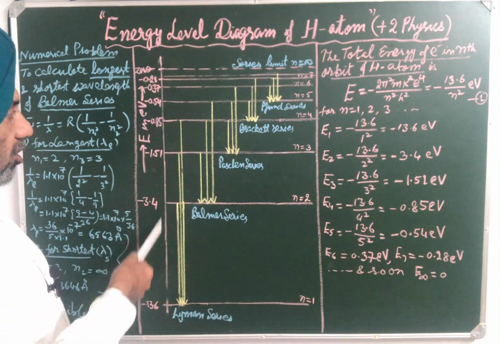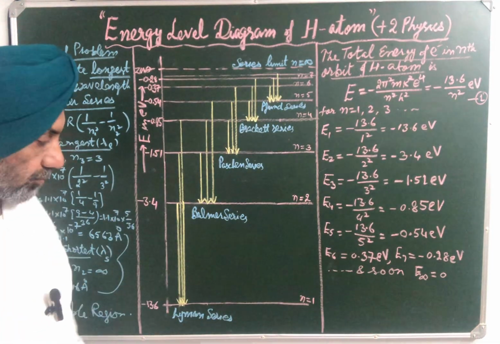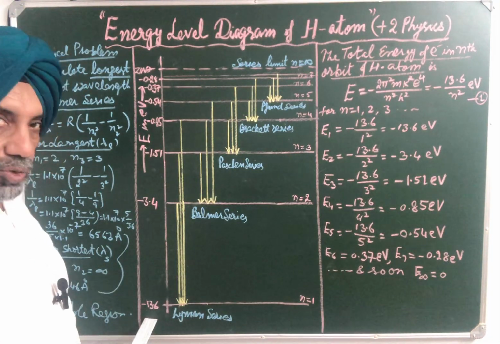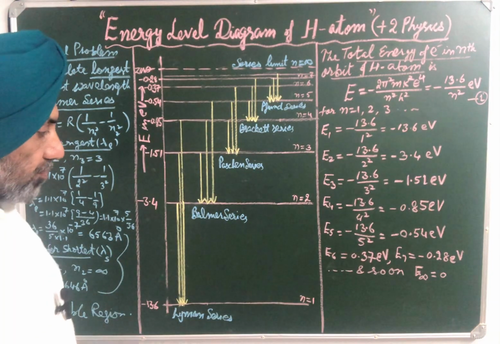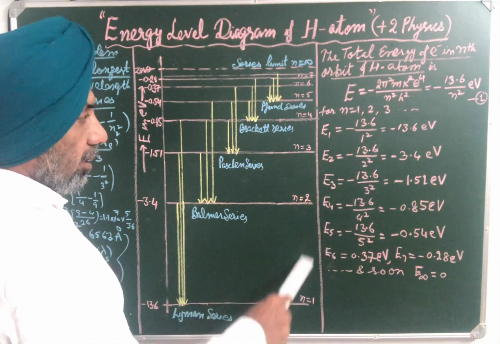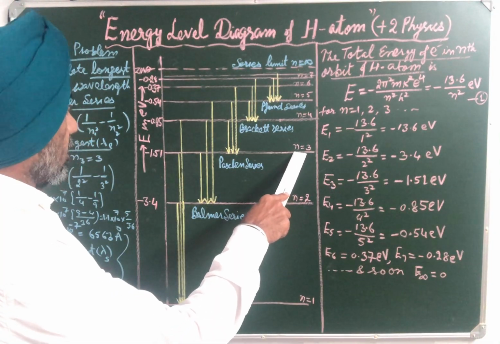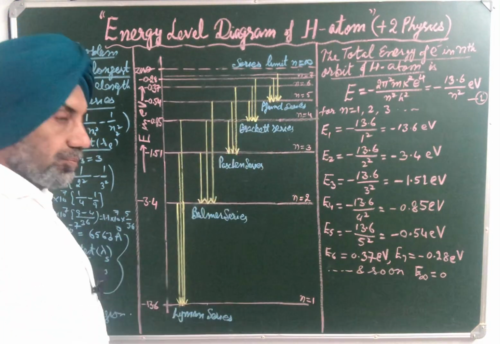Energy is taken along the vertical axis in electron volts. So when n is equal to 1, this level corresponds to the ground energy state, energy is minus 13.6 electron volt. And when n is equal to 2, it will be minus 3.4 electron volt, then n is equal to 3, minus 1.51 electron volt. So we draw all these horizontal lines.